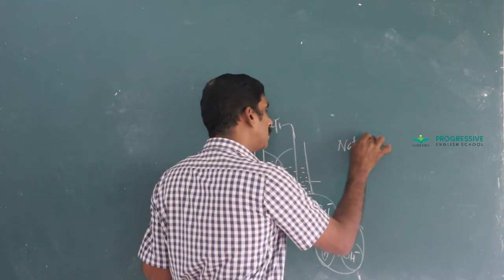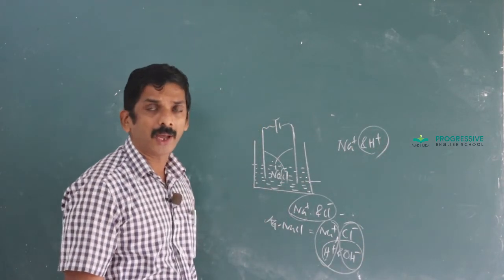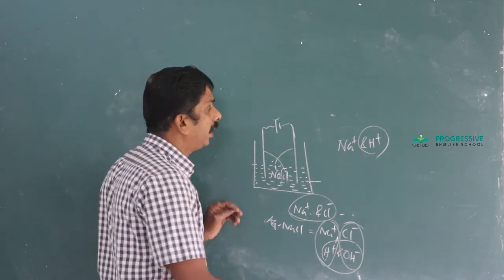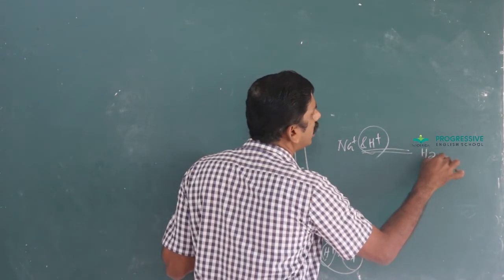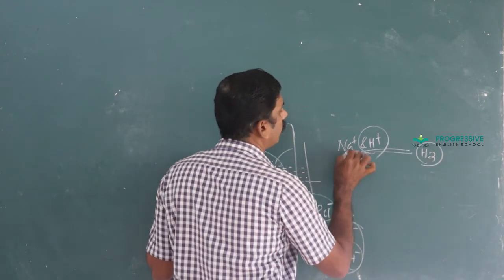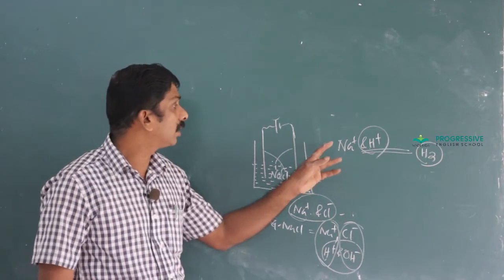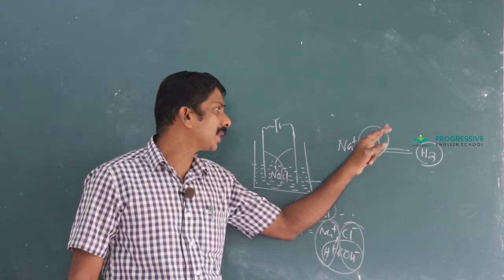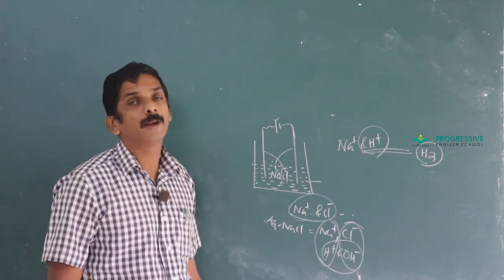Out of Na+ and H+, the discharge potential of hydrogen is high. Therefore, hydrogen gas is liberated at the cathode, as H+ ions undergo reduction more quickly than Na+ ions.